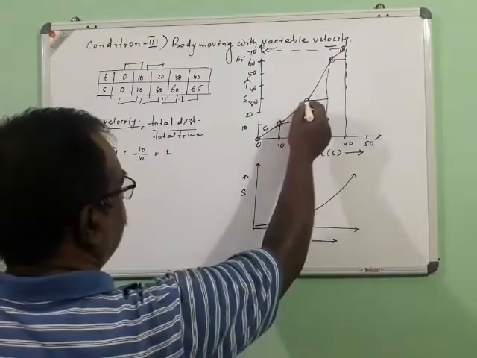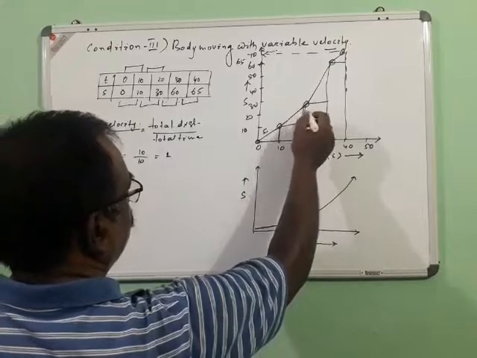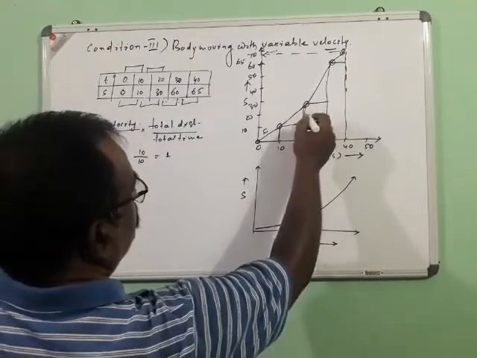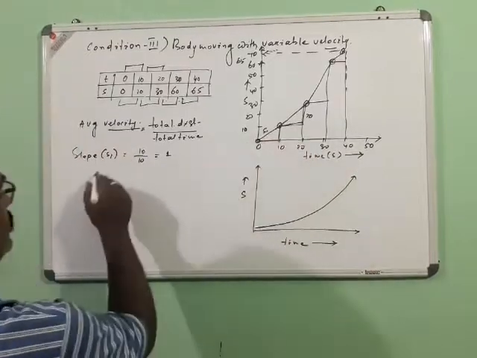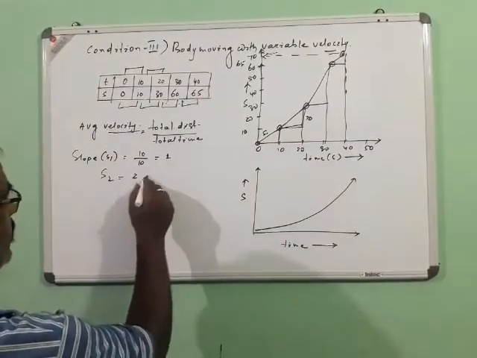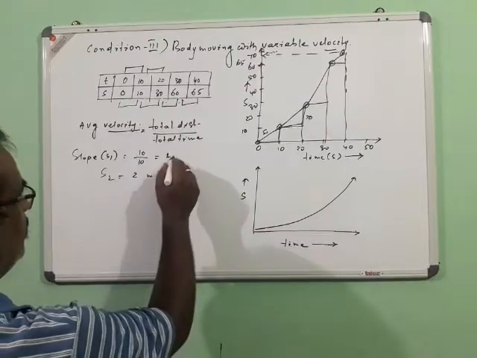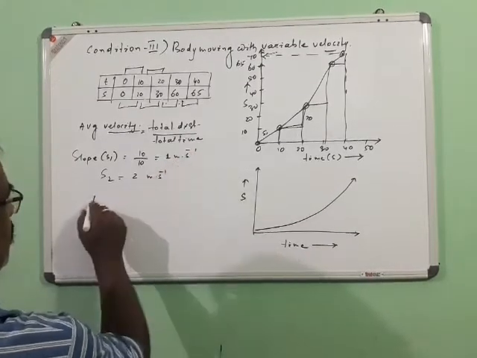Similarly, for the next segment it is 20 by 10, so S2 is equal to 2 meter per second. Likewise we go on finding the slopes.